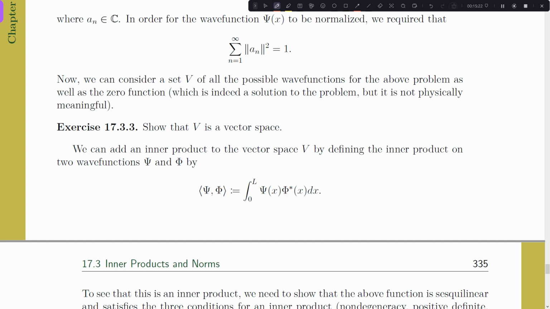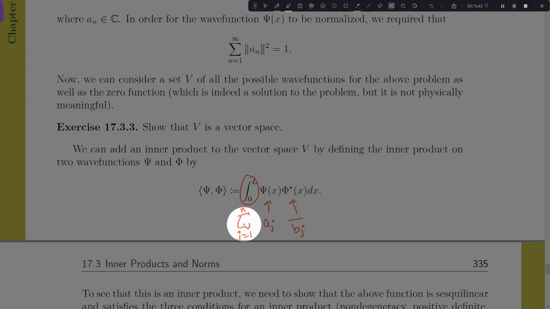And then this is very similar to the sum over j going from 1 to n. Think about that as a sub j, and think about this as the conjugate of b sub j, right? So in some ways this is the continuous analog. Riemann sums are the continuous analog of series. This is a Riemann sum that produces an integral.